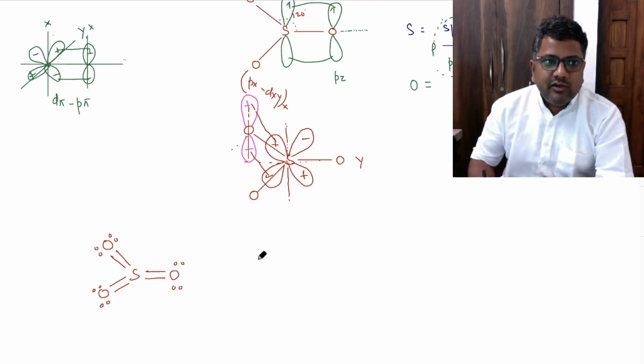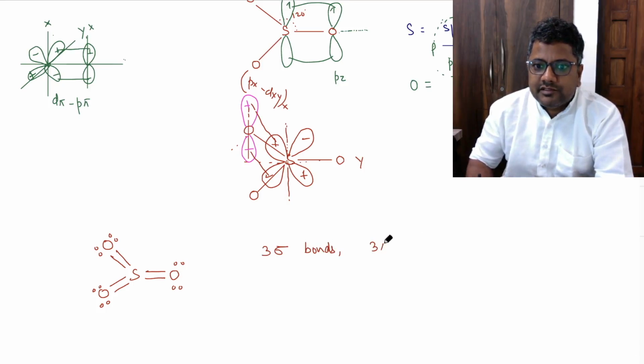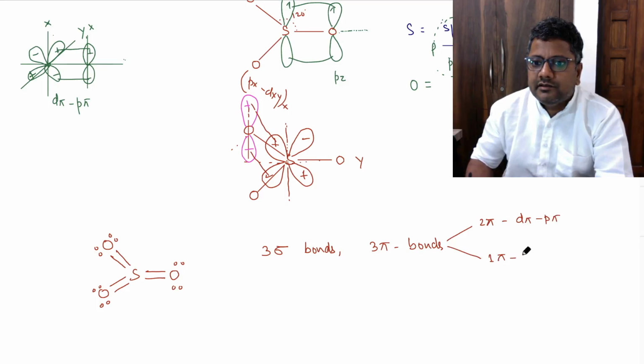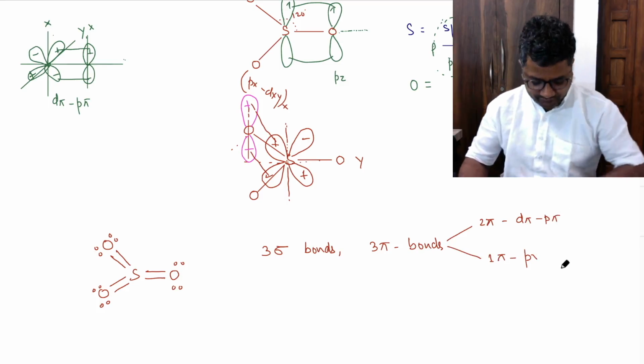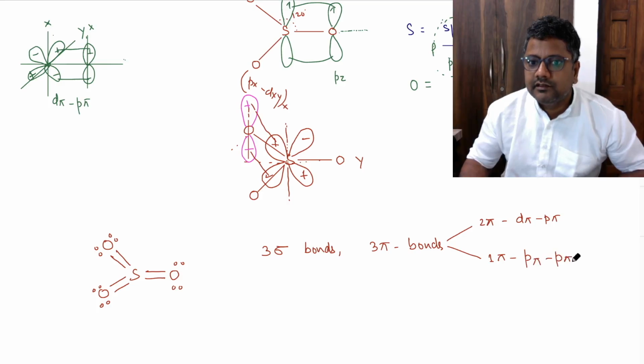So this molecule has three sigma bonds and three pi bonds, in which two pi bonds are d pi p pi, and one pi bond is p pi p pi, right?